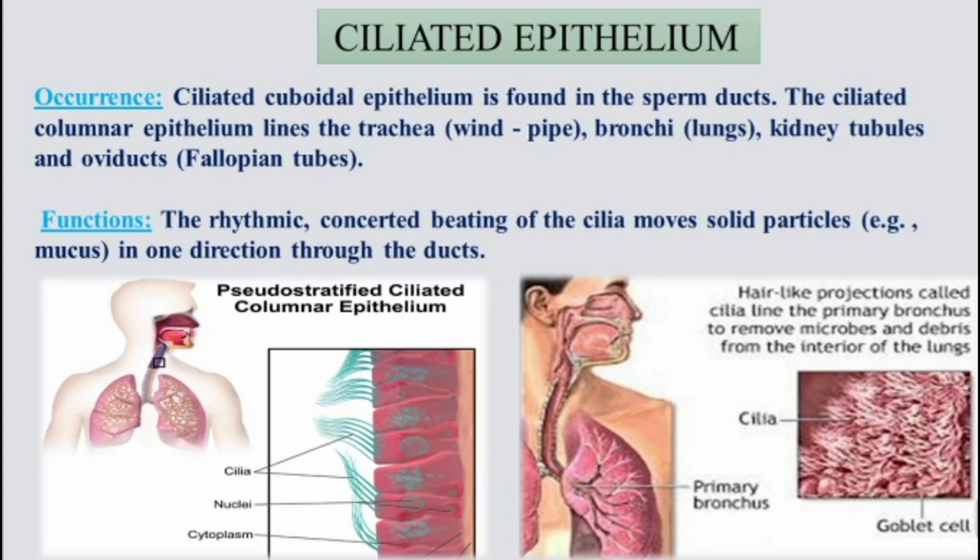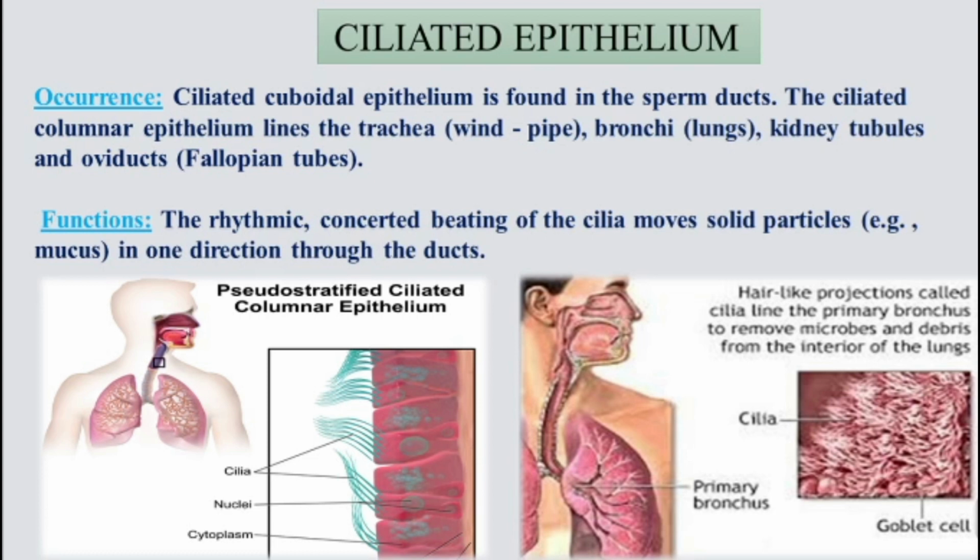So these ciliated epithelia are highly arranged in a line. And the function: the rhythmic, concerted beating of the cilia moves solid particles, especially in the windpipe, bronchi inside the lungs, kidney tubules, and fallopian tubes.